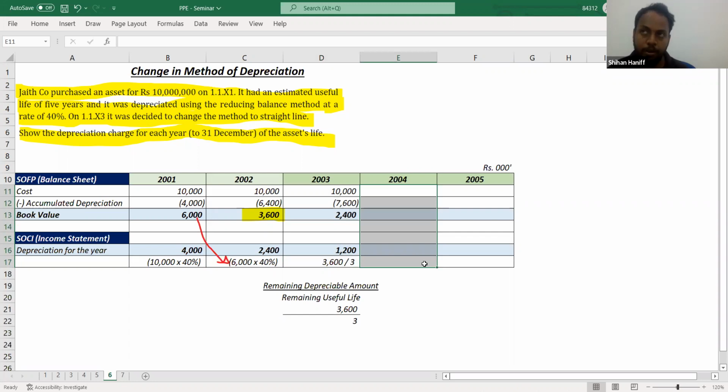Then for the remaining 2 years you can use the same method, dividing by 3, 1,200. Straight line method, so every year depreciation is the same.